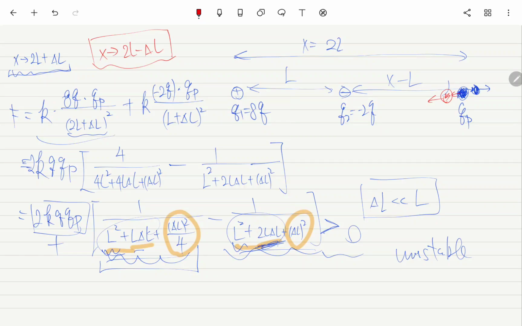Okay, it may be somewhat difficult to imagine. So maybe I can just draw.